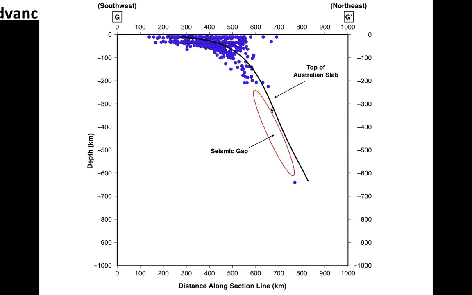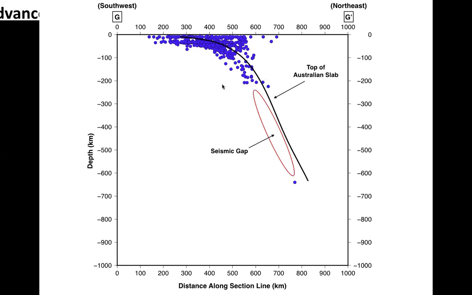So there's no tomographic evidence that suggests a hole or a tear in the slab at this point. So this may just be an aseismic section where the properties of both the ambient mantle and the slab are not conducive to seismicity.